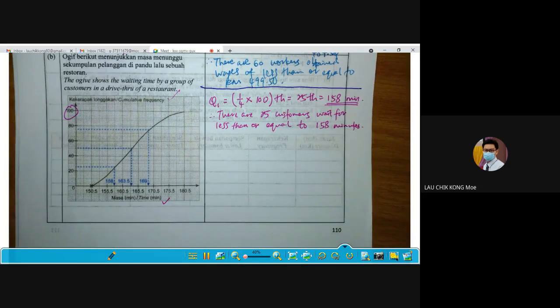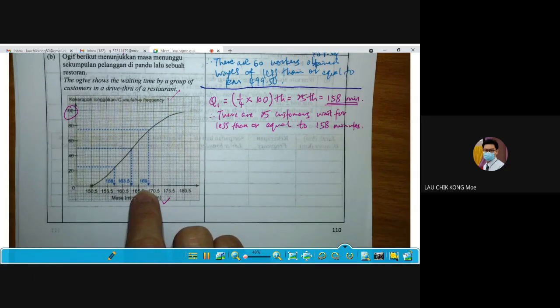Elina, what is your Q2? Median? 50. Yeah, after 50, what is the value for 50? 50 TH. 163.5. Yes, the middle one is 163.5. So means that there are 50 customer wait for less than or equal to 163.5 minutes. And the last one, Q3.